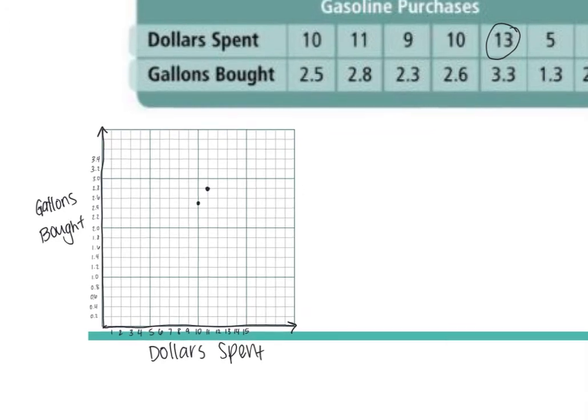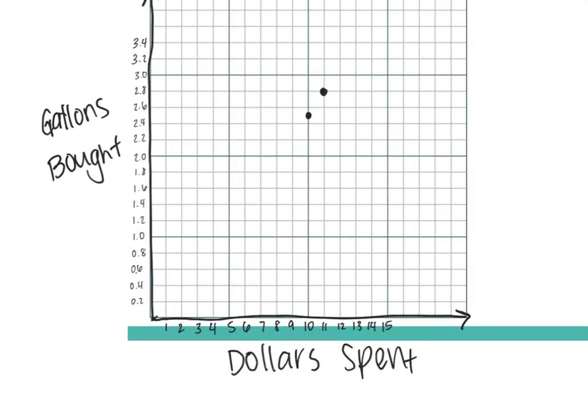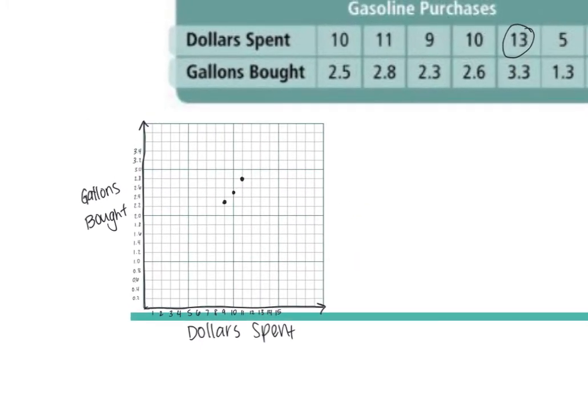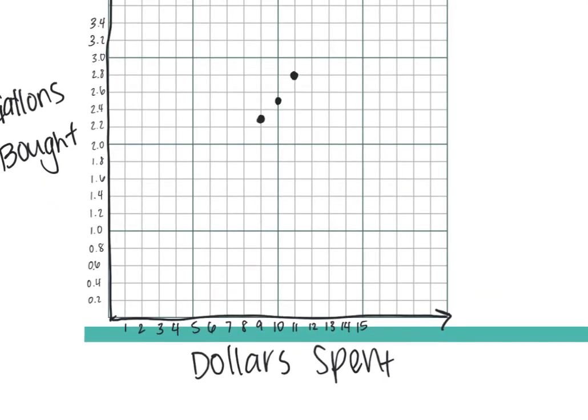Next one, we've got 9 and 2.3. So let's go over to 9, 2.3 is between 2.2 and 2.4, right here. Next one we've got 10 and 2.6. It's another point right on top of the other one.